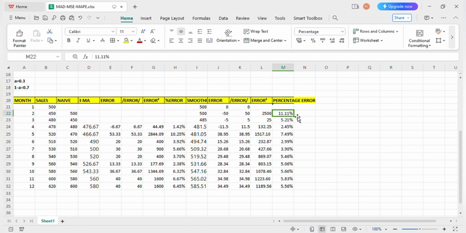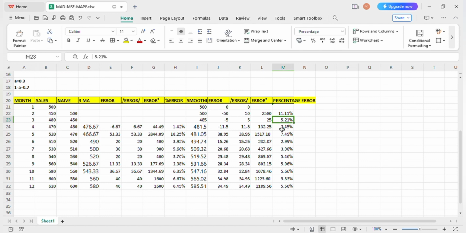So let's find out if they are the same. We get this 11.11% because we consider the absolute error in exponential smoothing of 50, and we divide it by the actual sales of 450. And with that result, we multiply by 100 in order to get 11.11%. And this absolute error of 5, we divide by the actual sales of 480. And from that result, we multiply by 100 in order to get 5.21%.